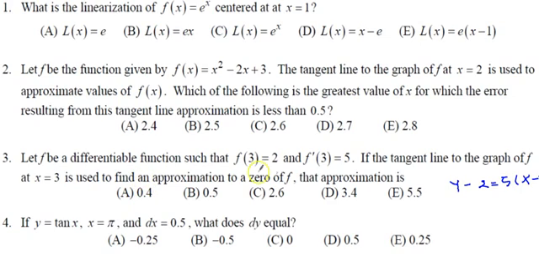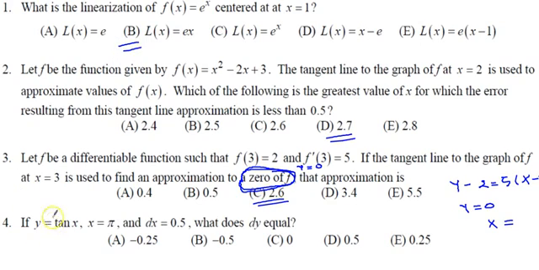Now find an approximation of the zero of f. That's the only part. Zero of f means x-intercept, and x-intercept means y is equal to 0. So substitute y equal to 0 and you will find the x value. And that comes out to 2.6. Those are the answers.